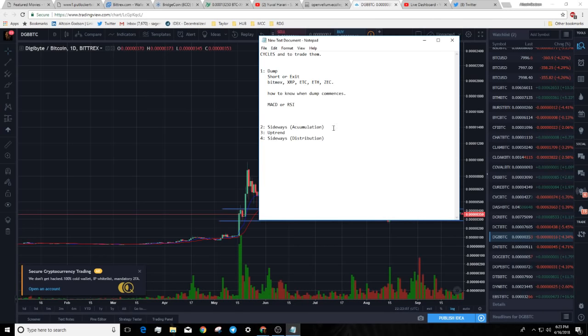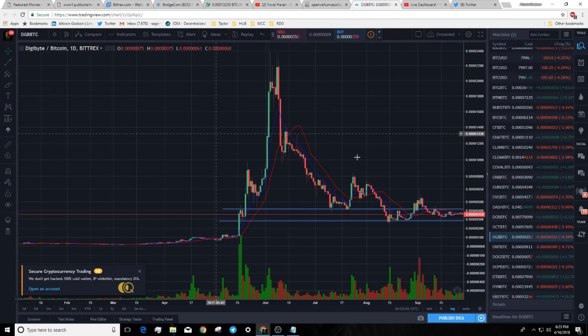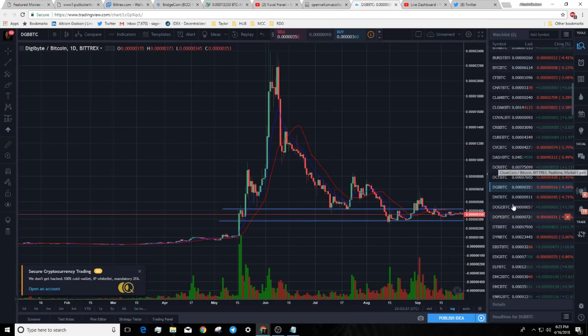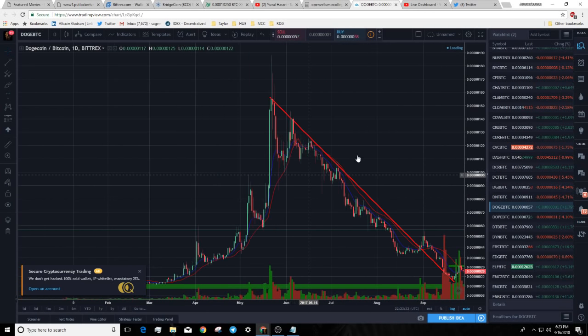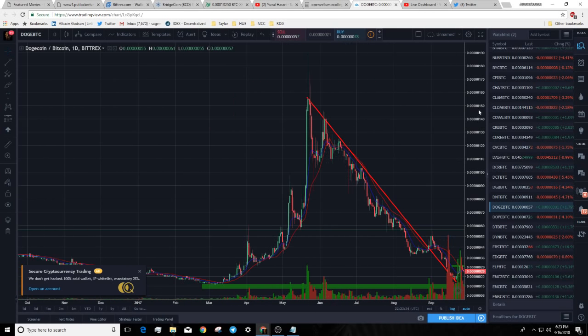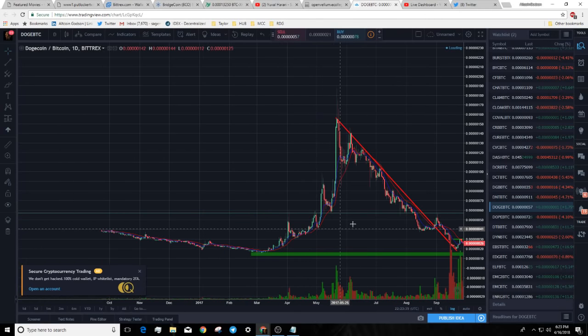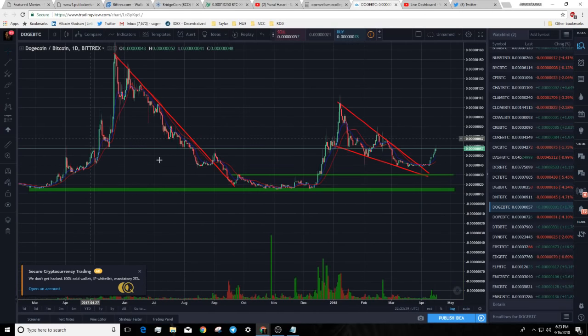So, sideways accumulation. First of all, how do you know if something is sideways, right? How to recognize sideways accumulation. Well, this is actually quite simple. Let's use Doge to make the point, because it has a pretty long history.